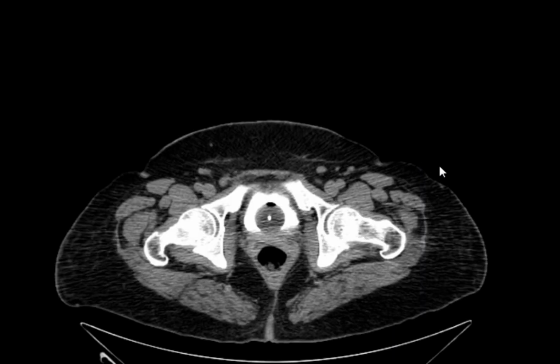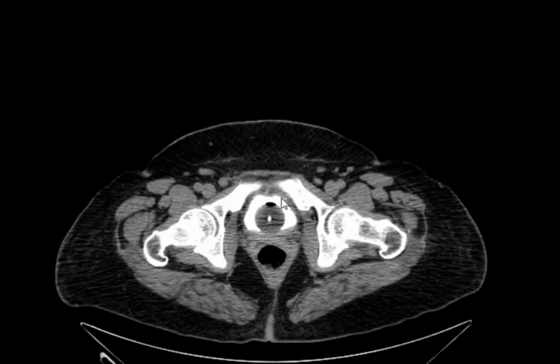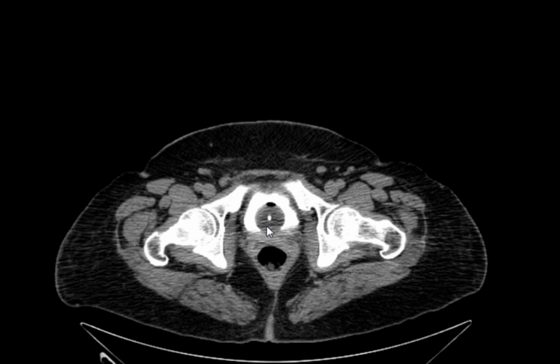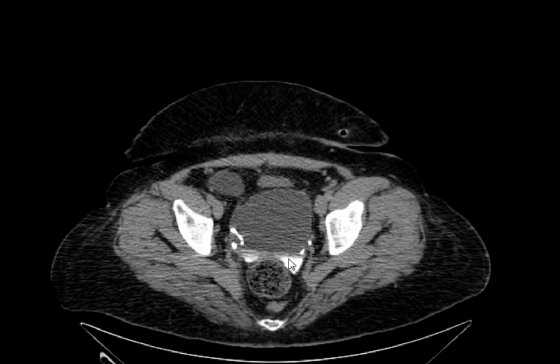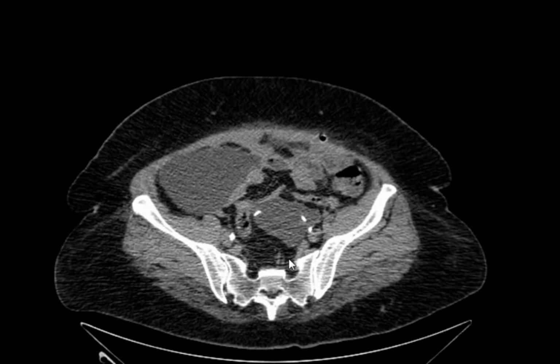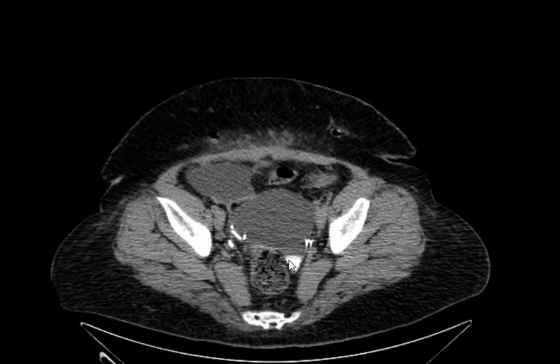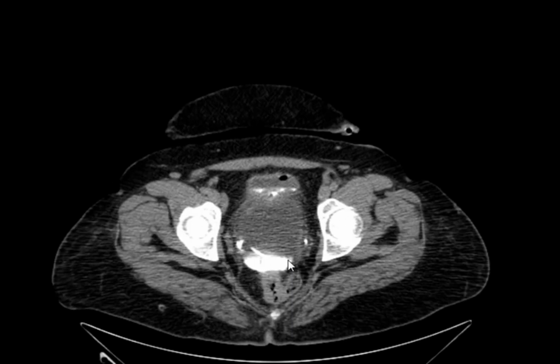We go to the delayed. We have contrast in the urinary bladder with the Foley catheter. Okay? And then we go up. And what's that? We have contrast in the recto-vaginal pouch. So where is this contrast coming from? It's coming from the penetration of the double J catheter through the ureter.